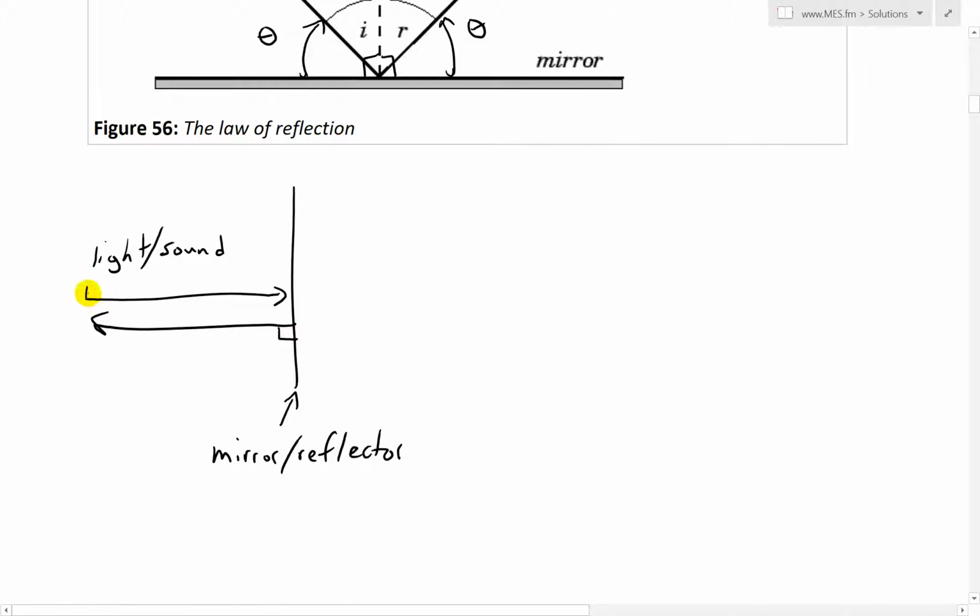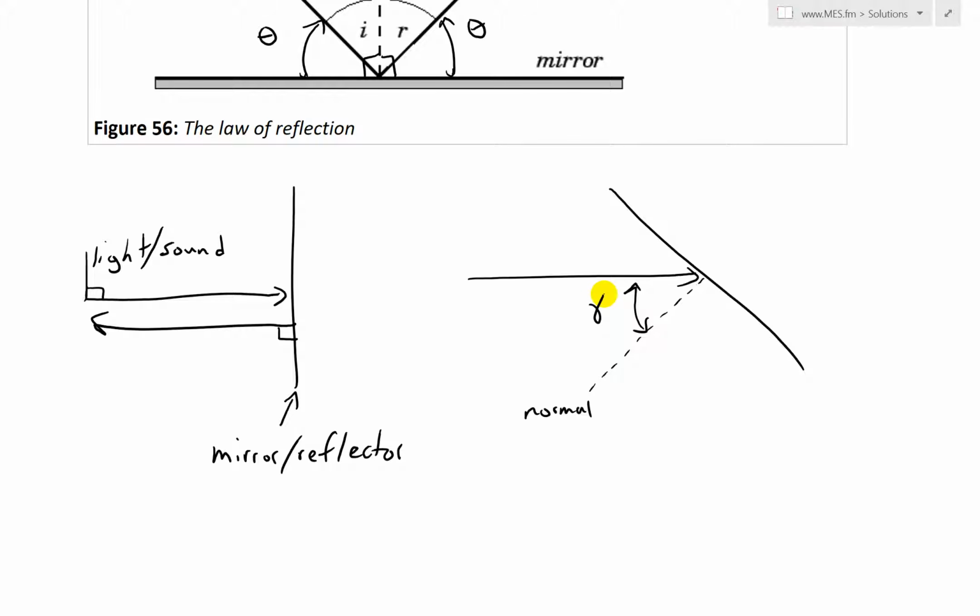You're throwing it at a 90 degree angle, it's going to reflect back at 90 degrees. But now if we tilt that mirror something like this, this is your light going across, and first of all you could look at the normal, the 90 degrees one. This angle, we'll call gamma, the Greek symbol.